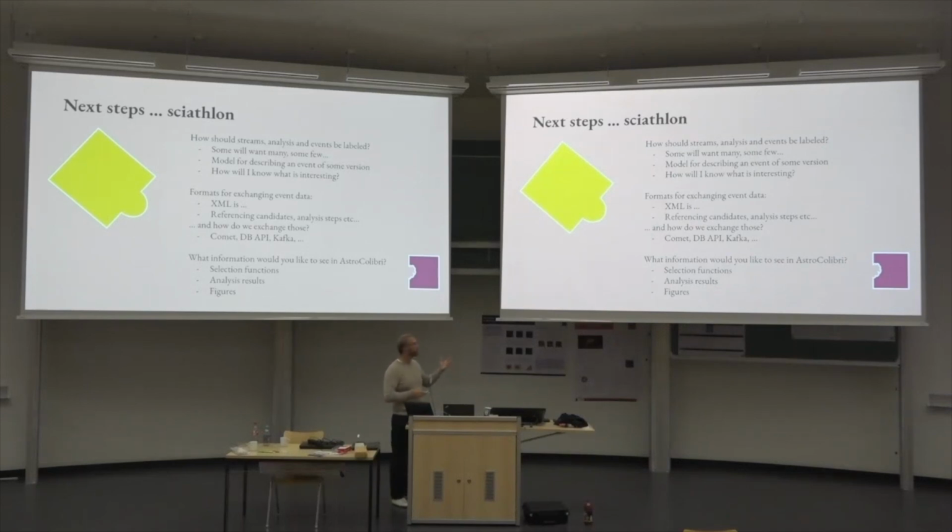Because for a lot of cases, a lot of the model calculations that we're doing, a lot of figures are in some sense already being computed on a real-time basis in AMPEL and also in other brokers. And it's a question of which ones would actually be useful to see and how they should then be displayed in Astro-COLIBRI.